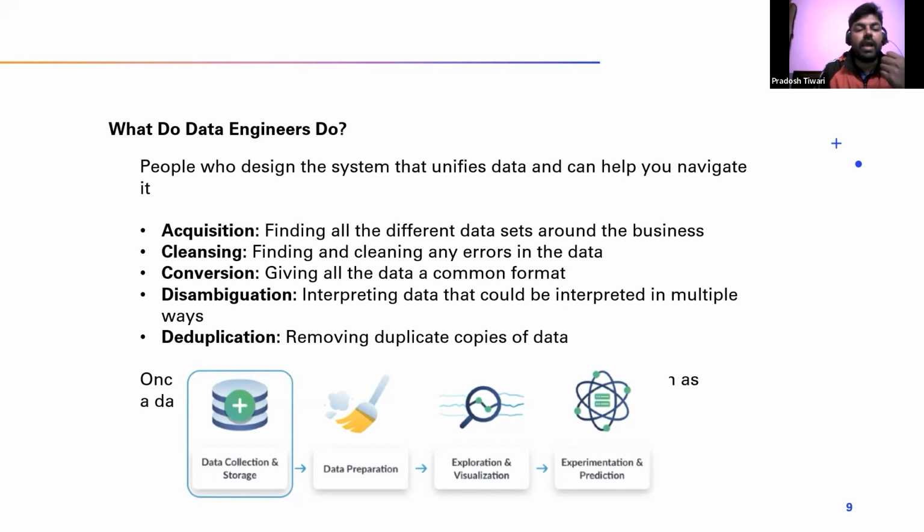Once we acquire that data, we figure out what the problem with this data is. For example, we already have one system which has an XYZ format, but the data we acquired has a different format, maybe different date formats, or maybe unstructured data.